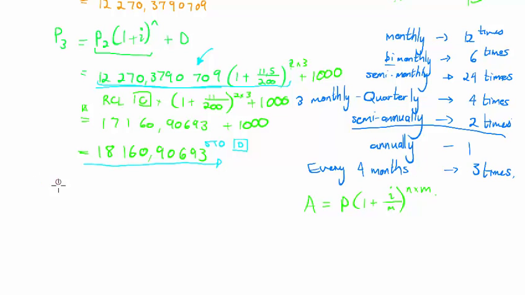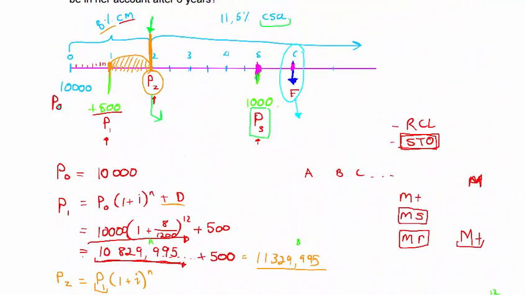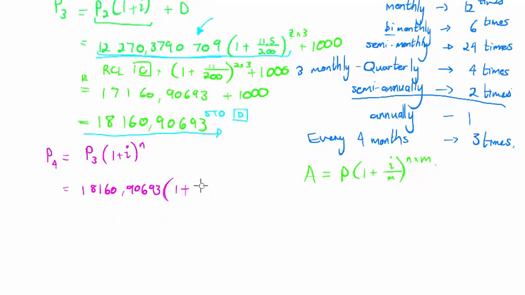Well done. Okay, so at P4, I'm only going to take P3 and add the interest that it earned for that time period. So here, 18160.90693 times 1 plus, what interest are we using? Cool, still no change in that. 11.5 over 200.